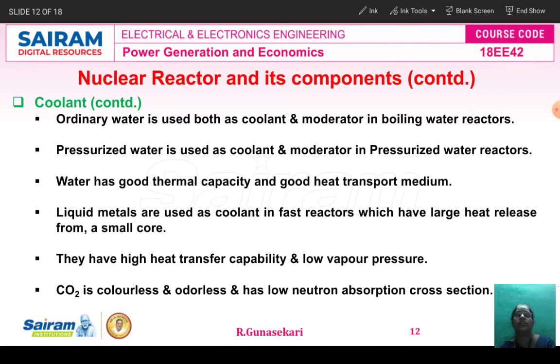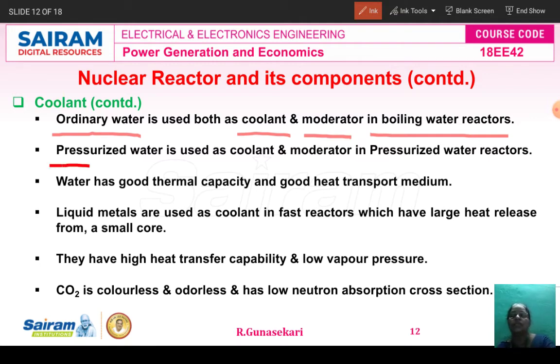The continuation of coolant. Ordinary water is used as a coolant as well as moderator in the boiling water reactor. The boiling water reactor is one of the classifications of power reactors in use.